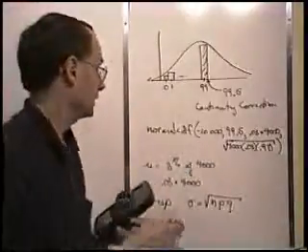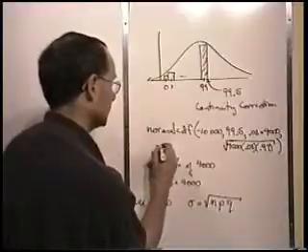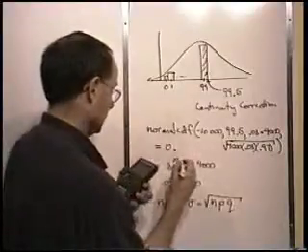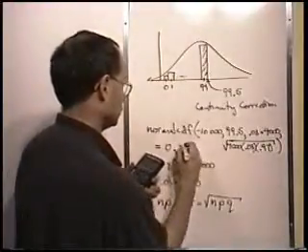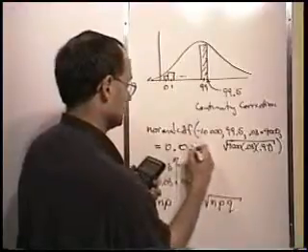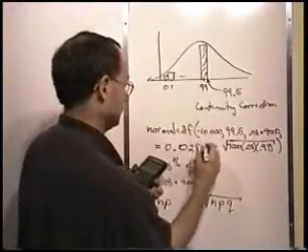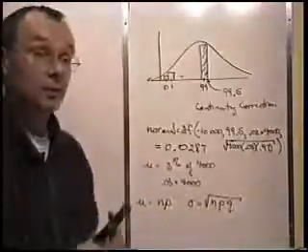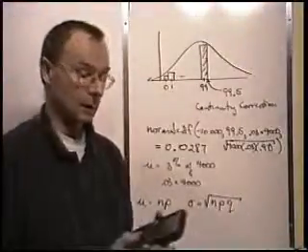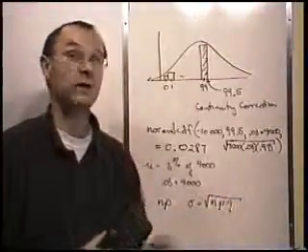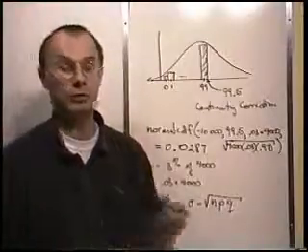And here's what I get on the calculator. This is my normal approximation: 0.0287. So that would be our approximated probability of fewer than 100 rotten apples in a bin of 4,000.